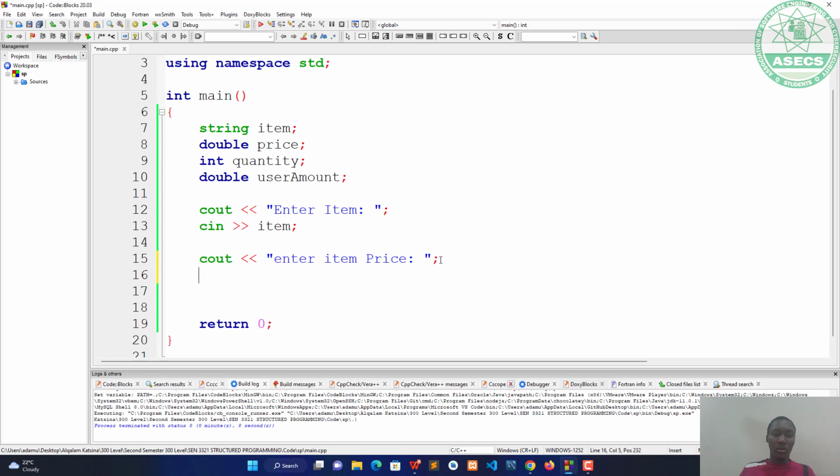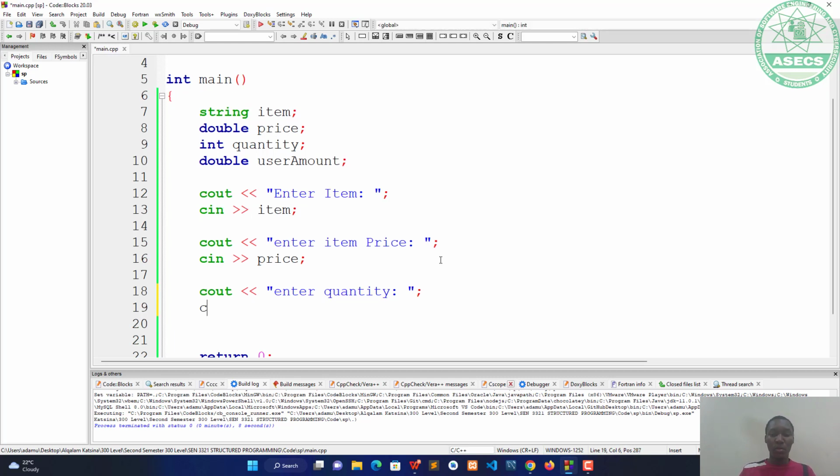So we should be cin price. So then cout enter quantity. cin quantity.